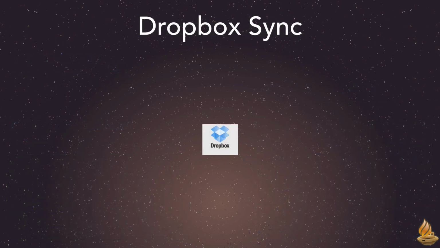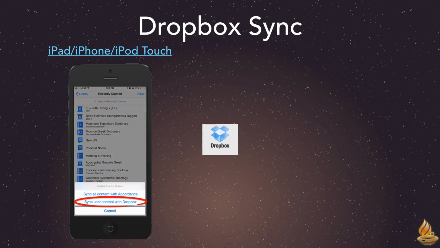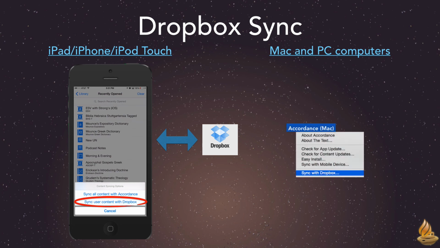Once Dropbox syncing is set up, syncing our user notes is relatively easy. On the iPhone, we select Library, Sync, and Sync User Content with Dropbox. This action will sync the latest version of our user notes on our mobile device with Dropbox. On the computer, we'll need to choose Sync with Dropbox from the menu.